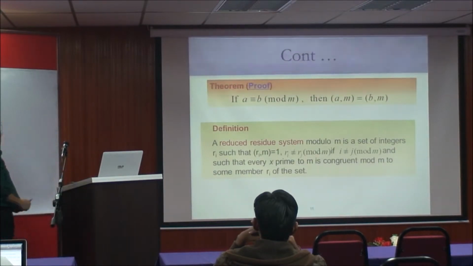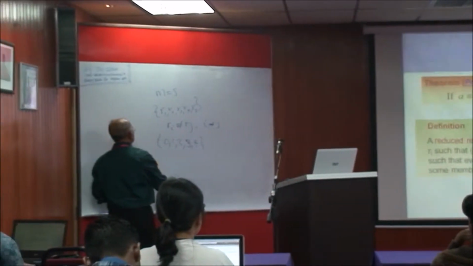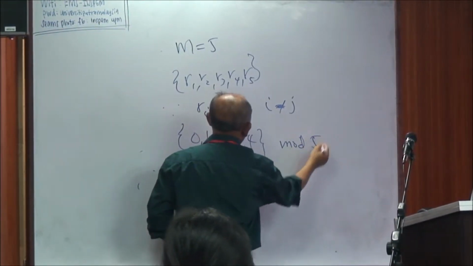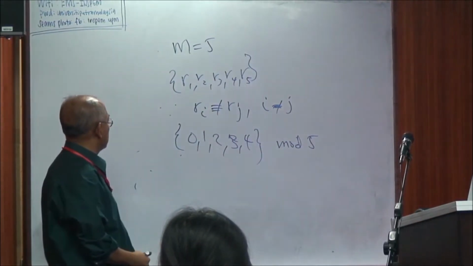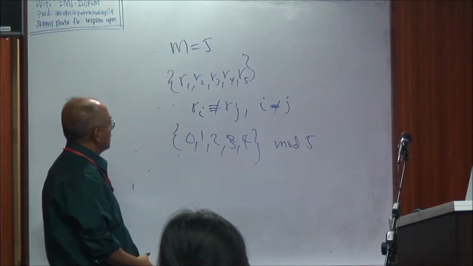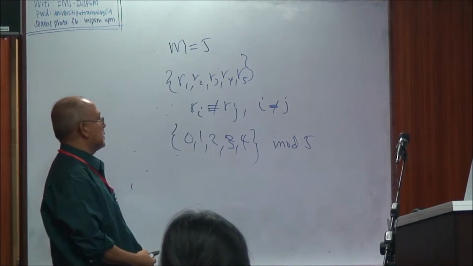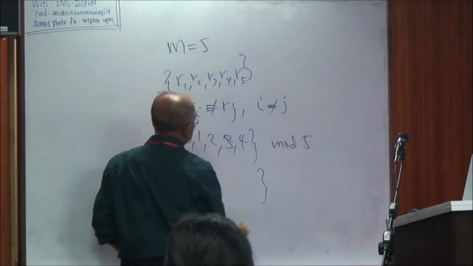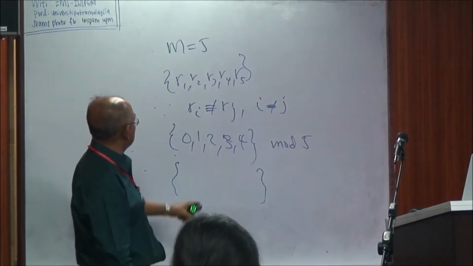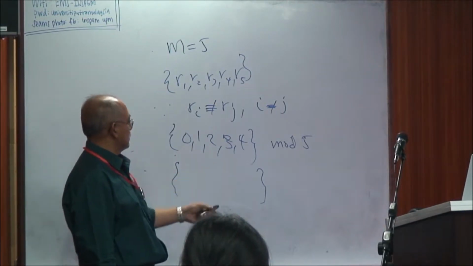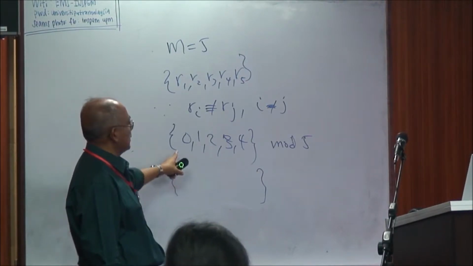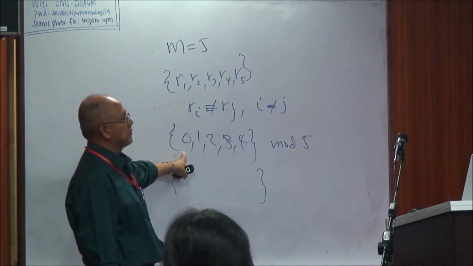So we have a complete residue system, which is in modulo 5. This is a simple example of the complete residue system. So what is the reduced residue system? Basically the best way is to get the elements from this set, so we satisfy this condition, which is must be relatively prime to M, right?